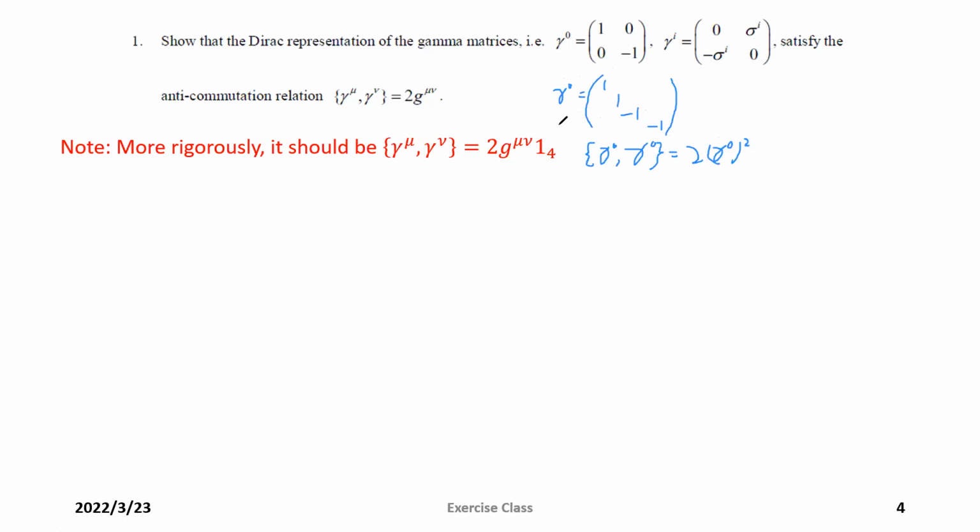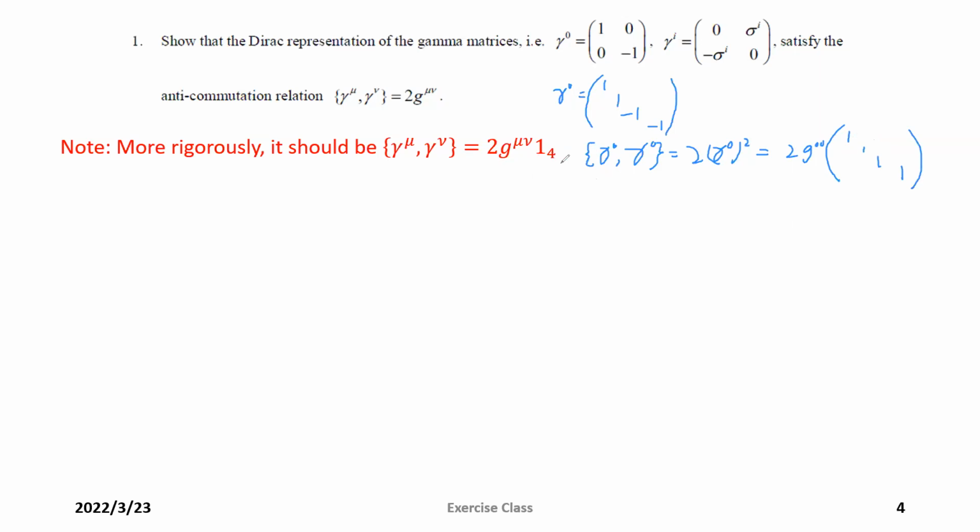We can use this 4 times 4 matrix and substitute into this, and it should be equal to 2g^{00} times the identity matrix.